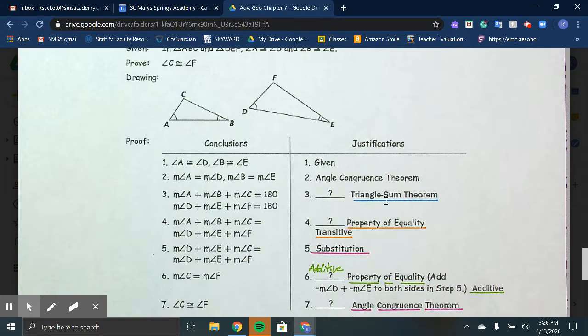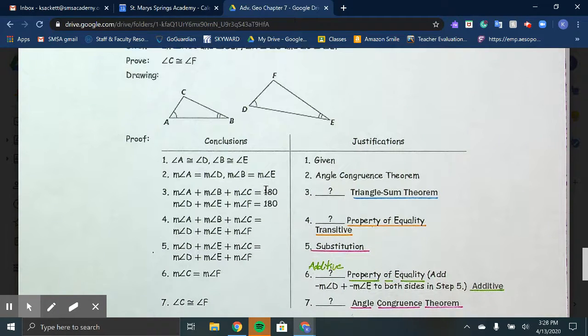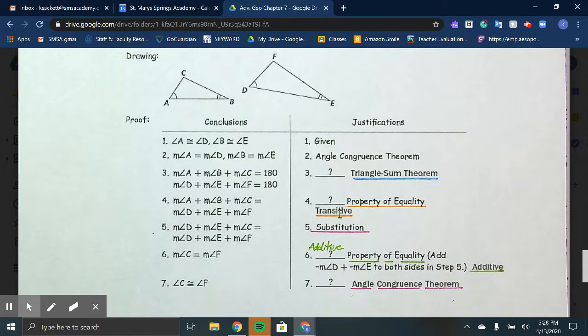Then the triangle sum theorem states the three angles added up equal 180. So what they did is they used the transitive property of equality to say if both those equal 180, then they equal each other.